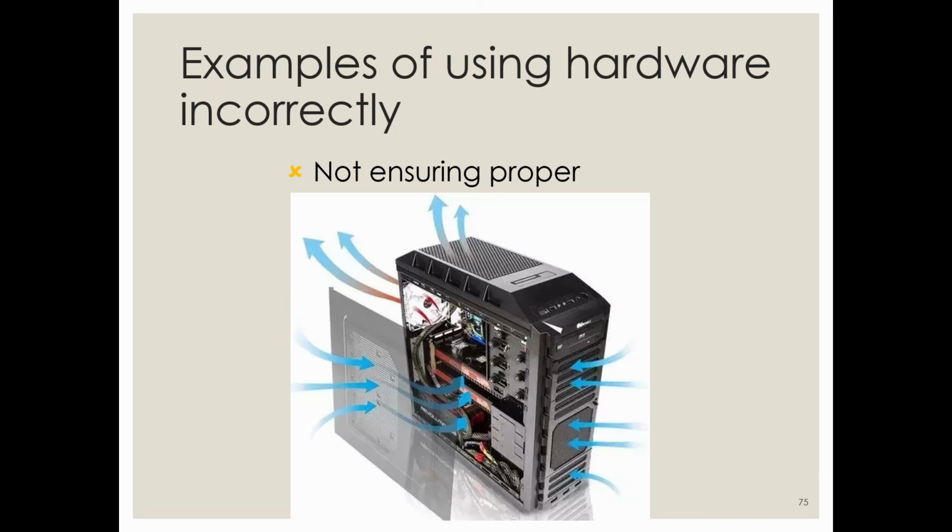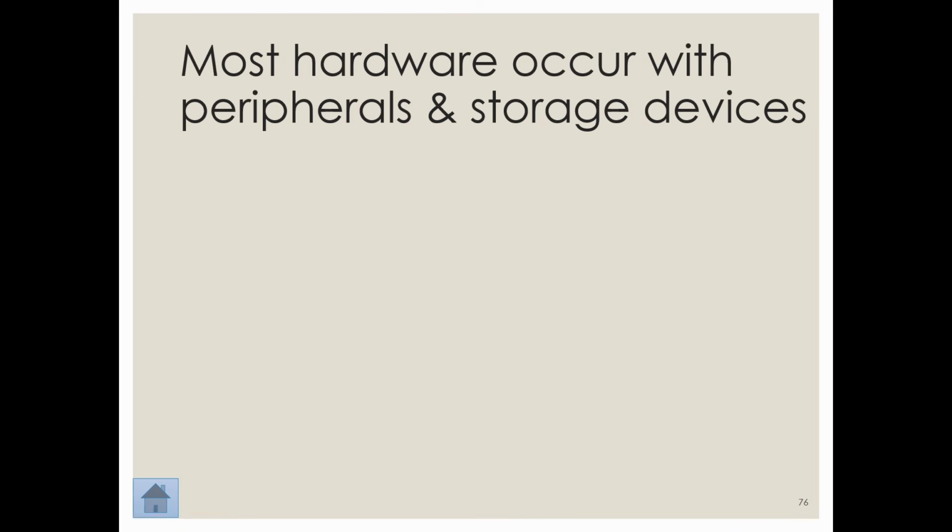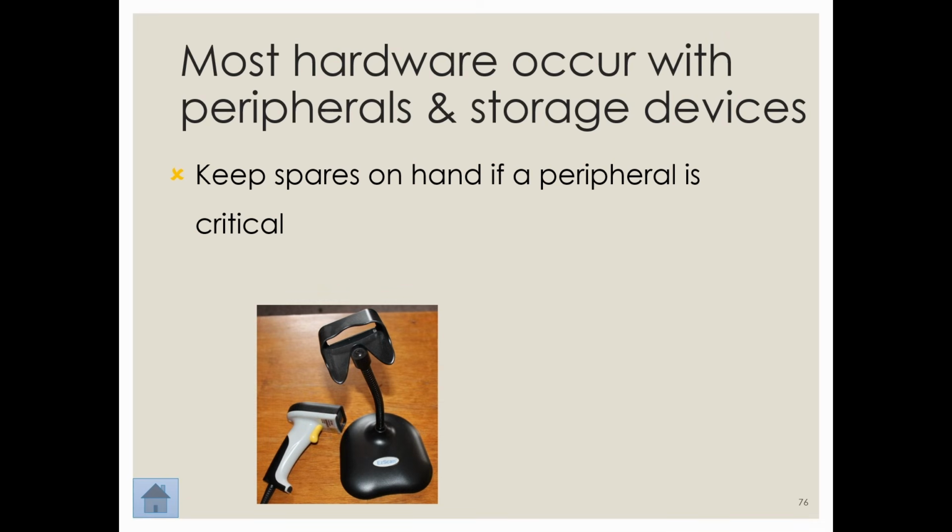Also, not ensuring proper cooling of your computer. Please remember, this builds up heat. It builds up heat, people, so it needs to be kept cool. All right, and then they mention most hardware failure occurs with peripherals and storage devices. You always want to keep spares on hand if a peripheral is critical.